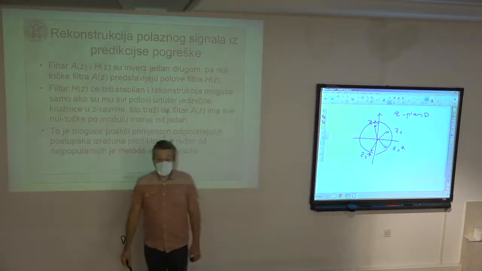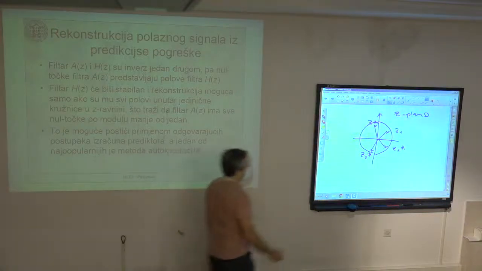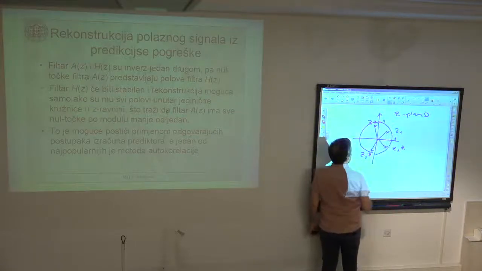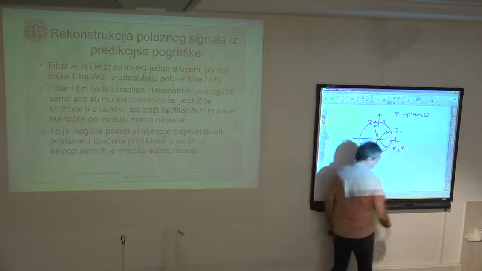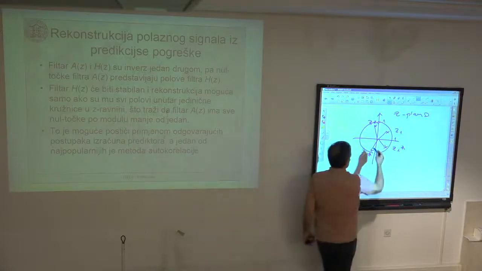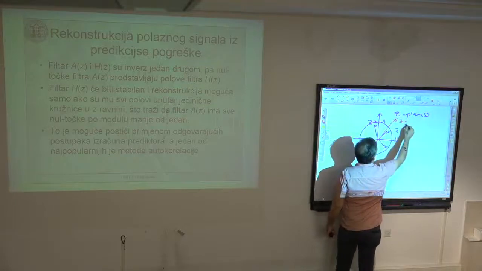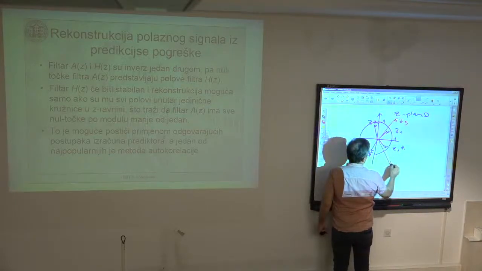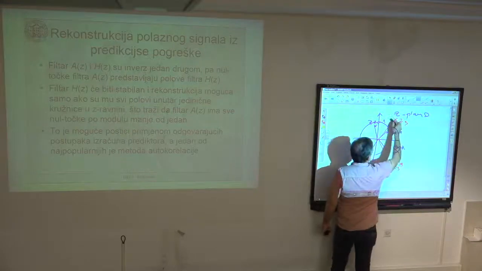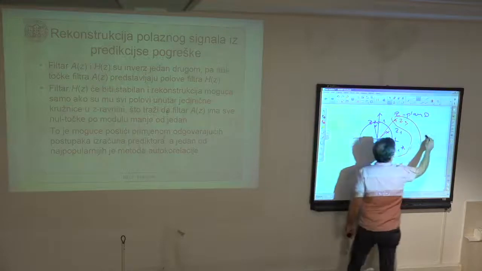But there should not be a root that is outside this unit circle. So this here is unity, 1. Because if I have any root that is outside the unit circle, for example this one, z3, this is the unstable pair.